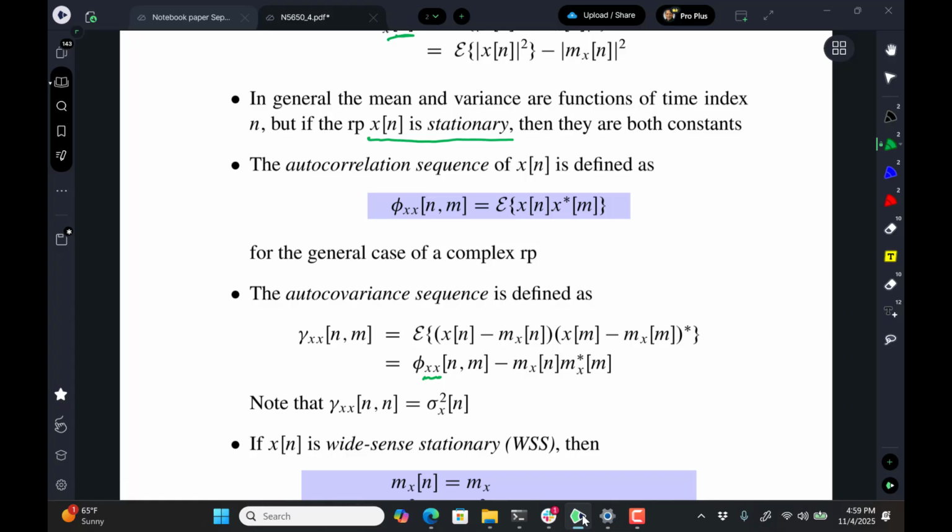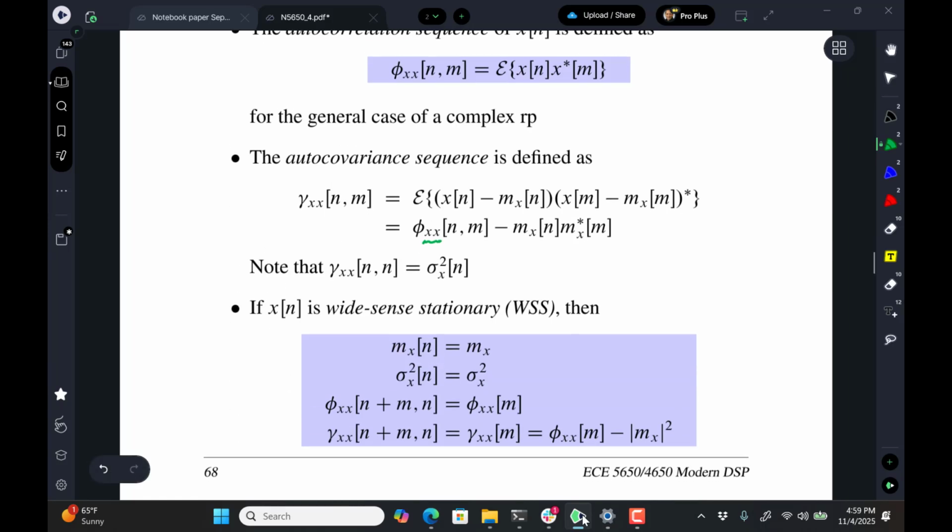At any rate, we have the autocorrelation of a sequence, and then the autocovariance, where we subtract the mean away. An important property of autocovariance is that if the sample index is the same, in other words n and n, meaning the two vertical slices in this autocorrelation and autocovariance are on top of each other, then that becomes the definition of the variance.